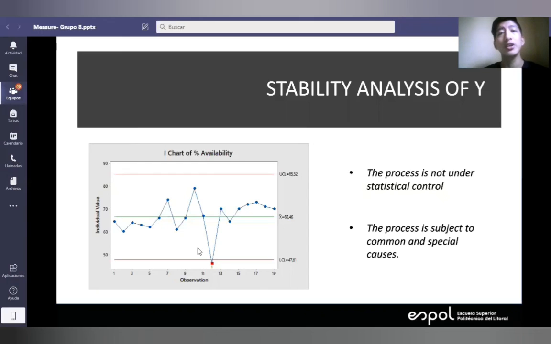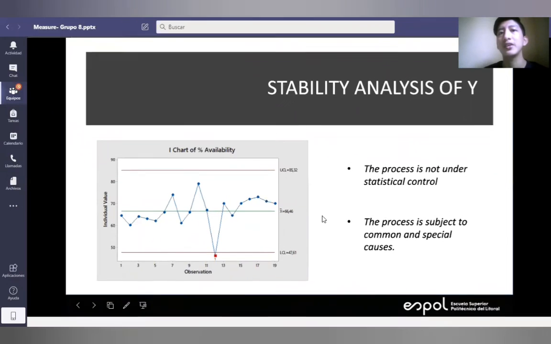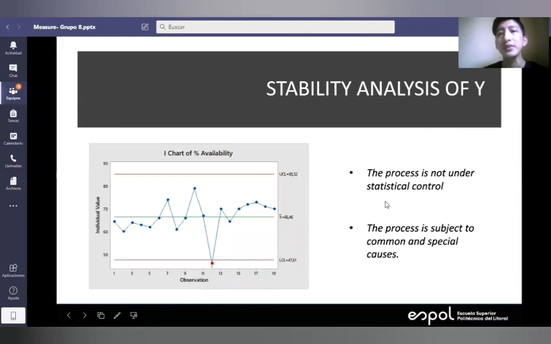As a result, we can see that there is a point outside the control limits, and therefore the process is not under statistical control. There are common and special causes affecting the process that we have to find and improve to achieve our objectives.